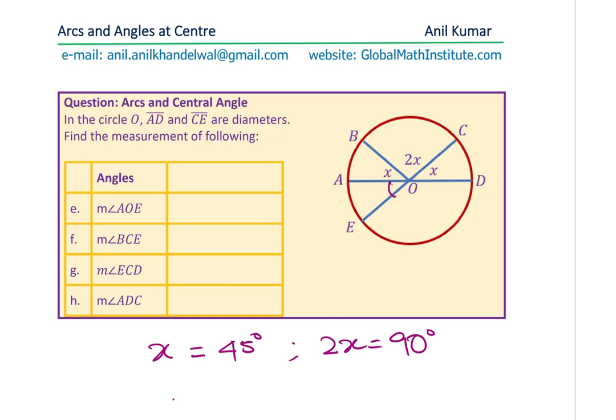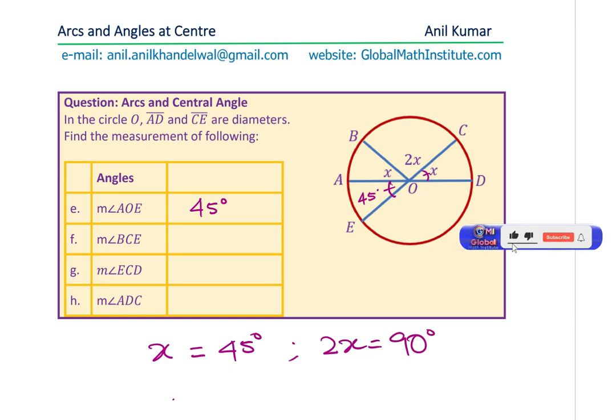This angle is equal to x, as we know, and x is 45, so that has to be 45 degrees. So we can write this as 45 degrees. The measurement of angle BCE. So from B to C, BCE, so BC and E.